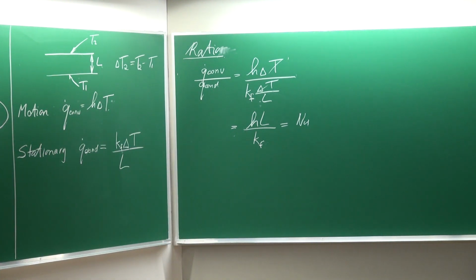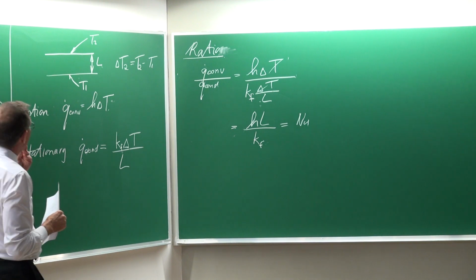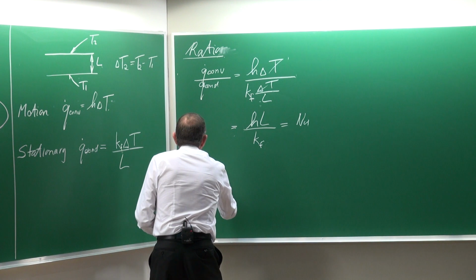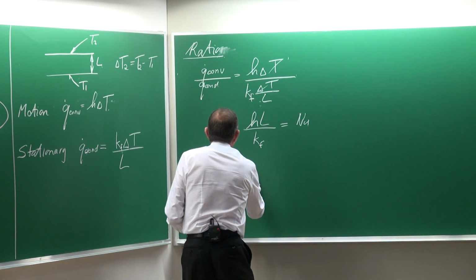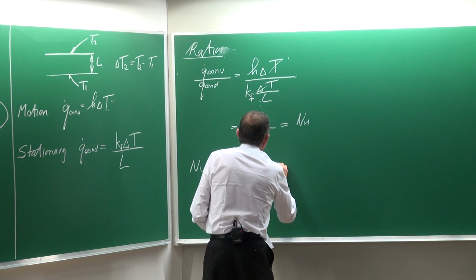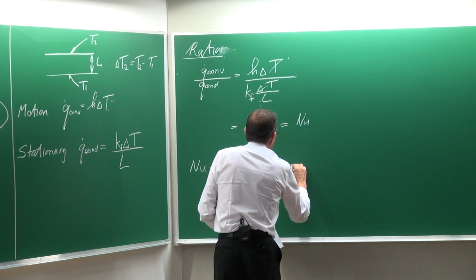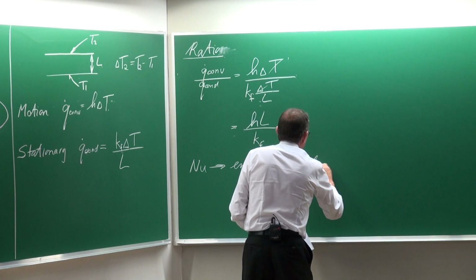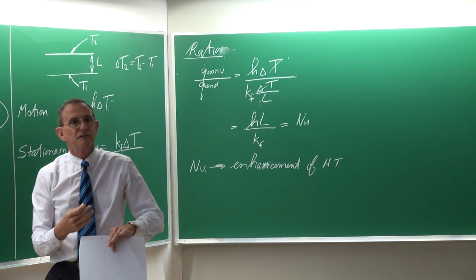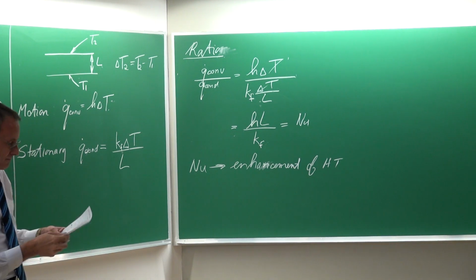So the Nusselt number tells us the level of enhancement of heat transfer. Enhancement relative to conduction.